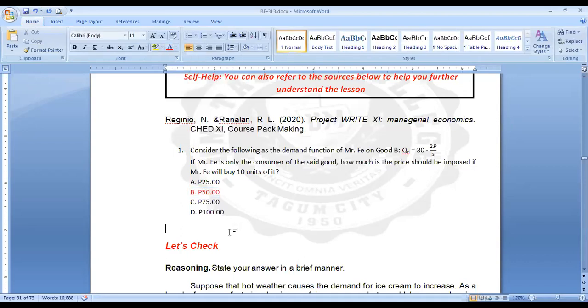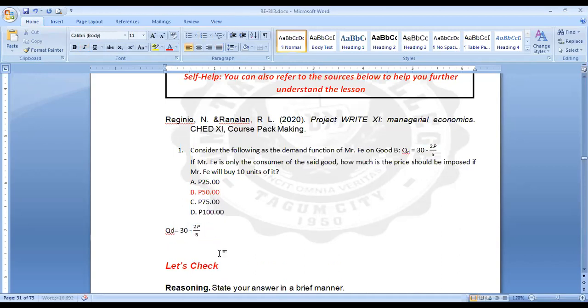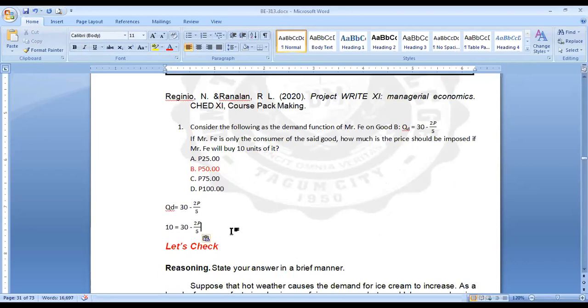So if we compute, QD is equal to 30 minus 2P over 5.